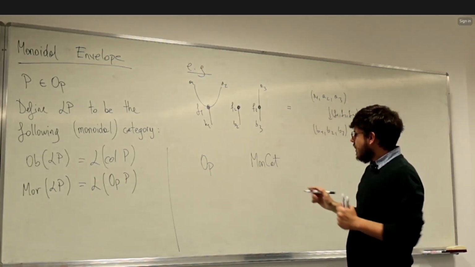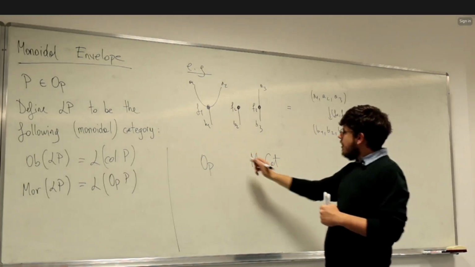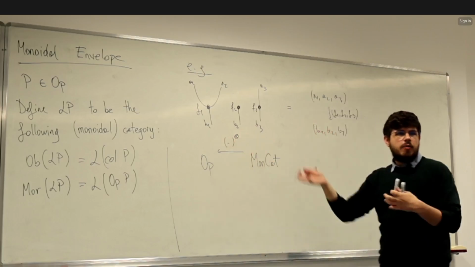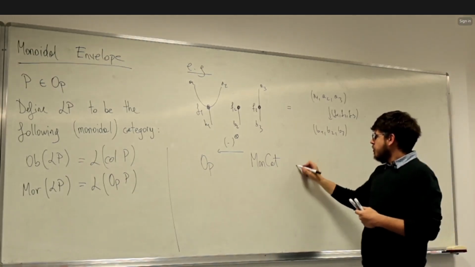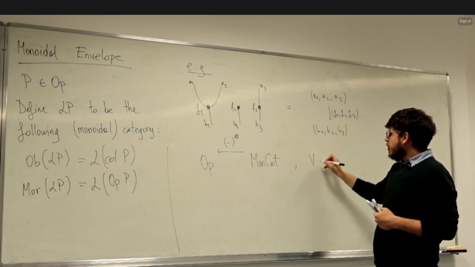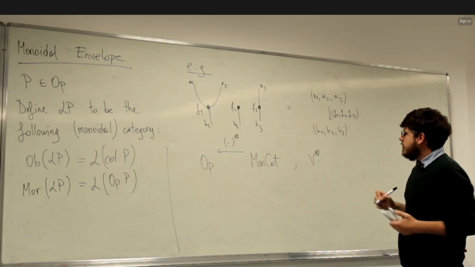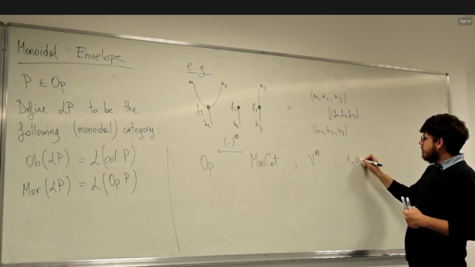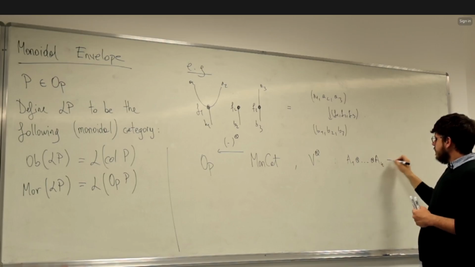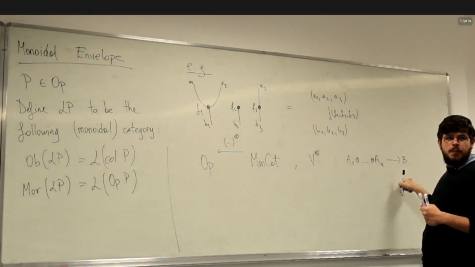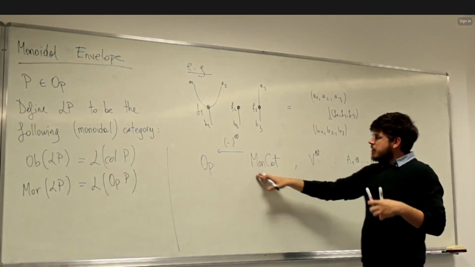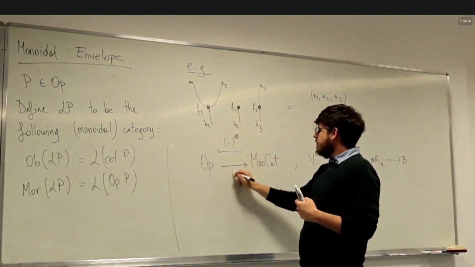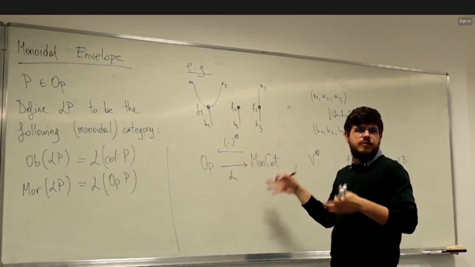So now we explained how, given a monoidal category V, we can form this operad, with operations being just morphisms of this form. Okay, so it turns out that this monoidal envelope construction is the left adjoint to this. So that's how it works.